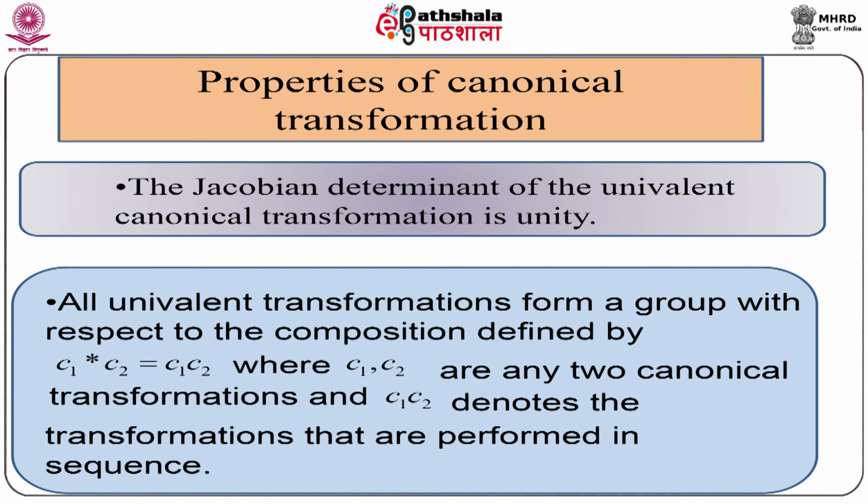All univalent transformations form a group with respect to the composition defined by C1 star C2 equal to C1 C2, where C1 C2 are any two canonical transformations and C1 C2 denotes the transformations that are performed in sequence.